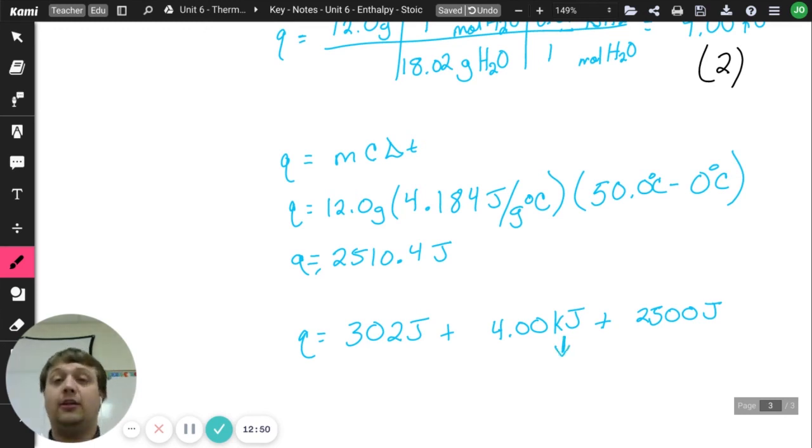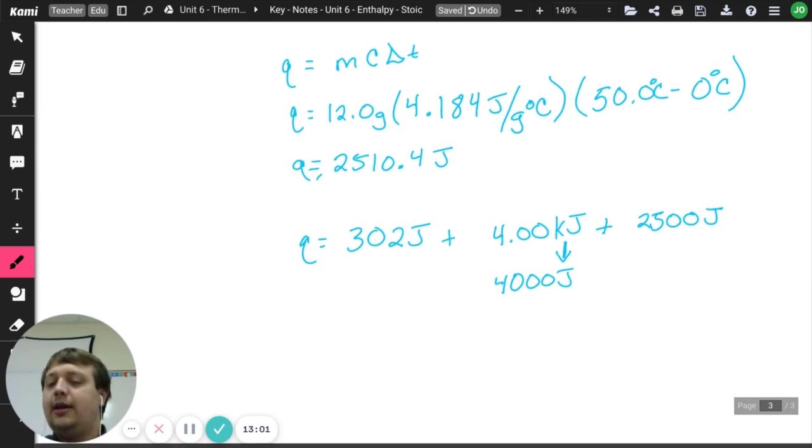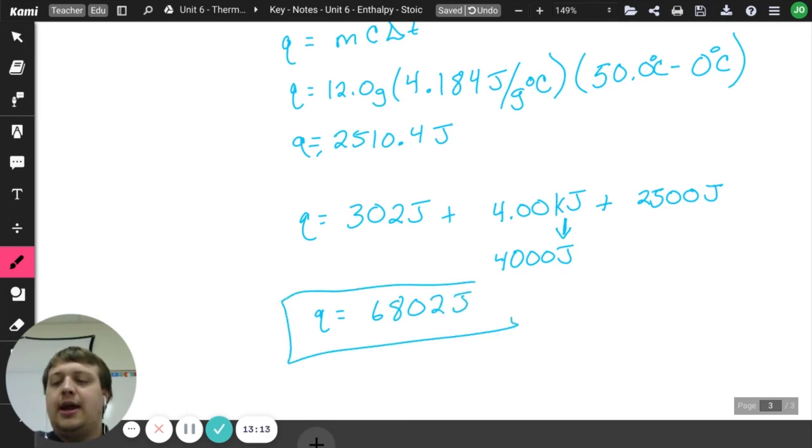I'm going to convert the kilojoules because it's only one conversion. I'll move that decimal 3 times, and I'll get 4,000 joules. Then I take 302 plus 4,000 plus 2,500, and we will find that Q equals 6,802 joules. And that would be my final answer.